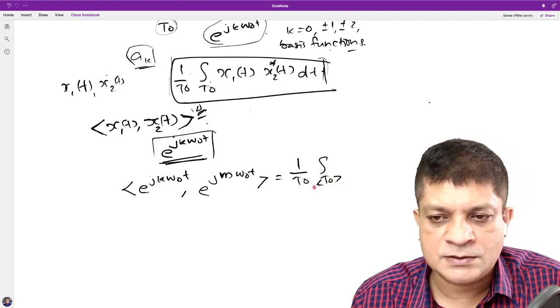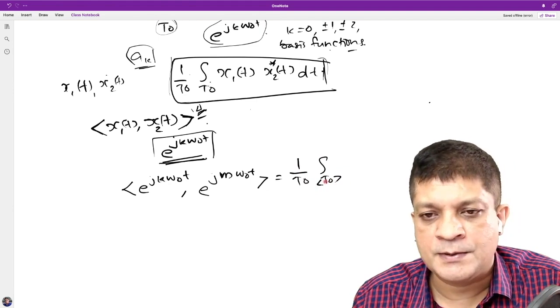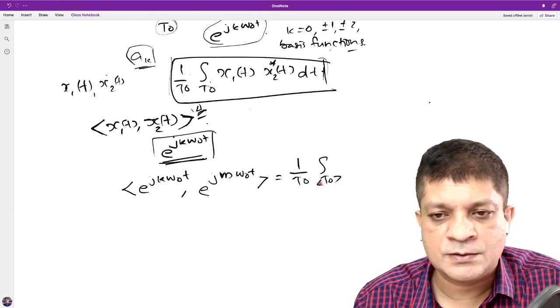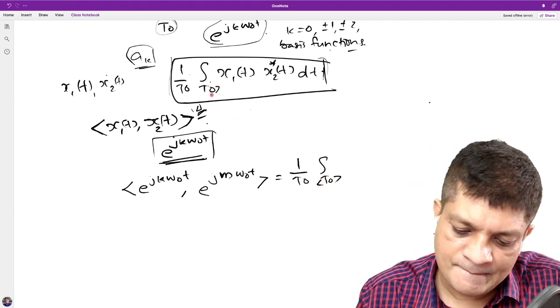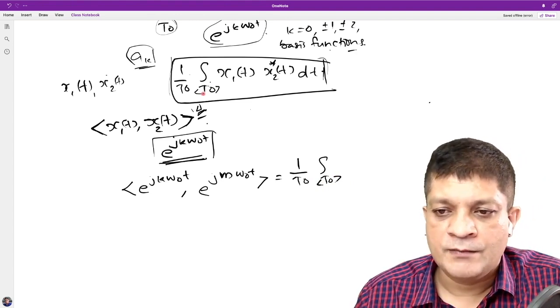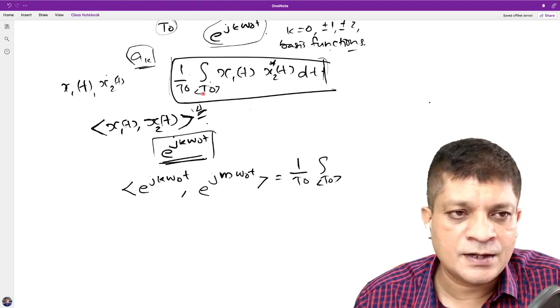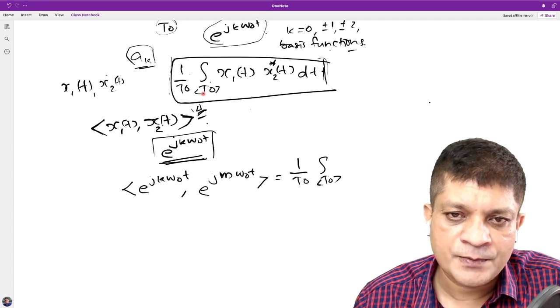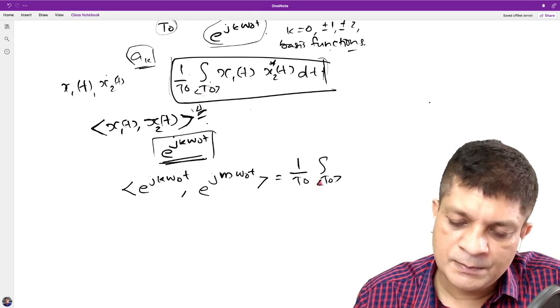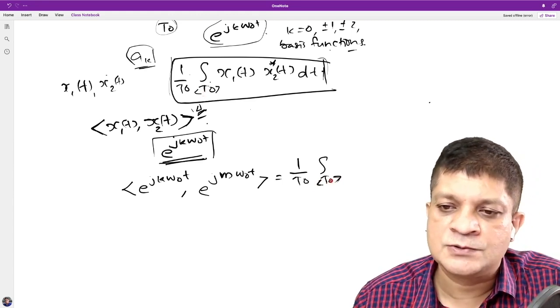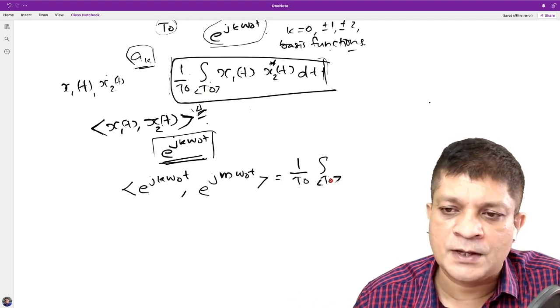And what is this notation? I think I have explained this in the previous class. When we integrate periodic signals, the integration is over one period. When we integrate a periodic signal over one period, we can choose any continuous interval of length t naught.